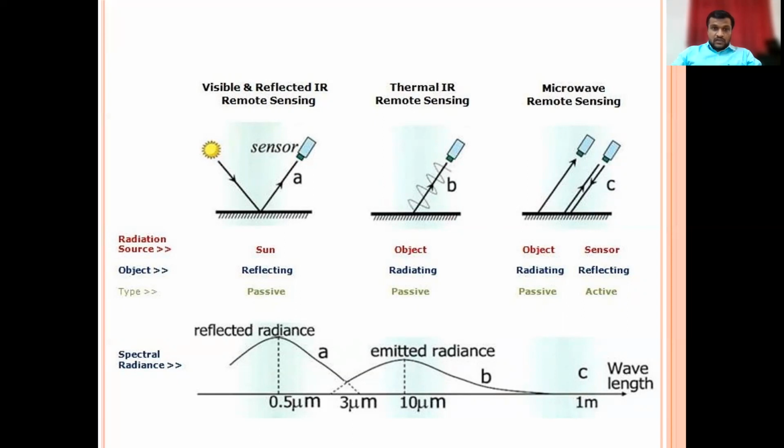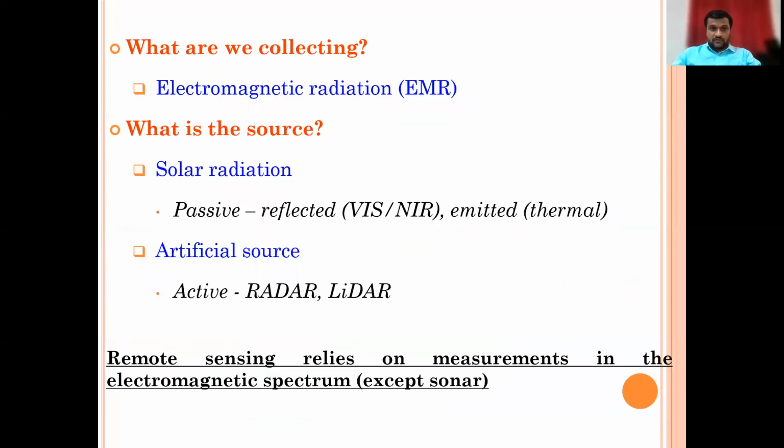So in case of reflected infrared, we generally collect the data in terms of reflected energy coming from the target. In remote sensing, we generally collect electromagnetic radiation, which comes from the sun. After reaching the target, it interacts with the objects on the Earth's surface, is reflected back and captured by the sensor.